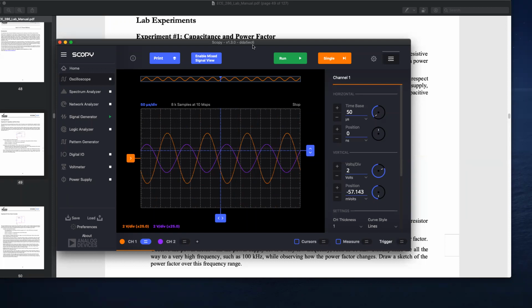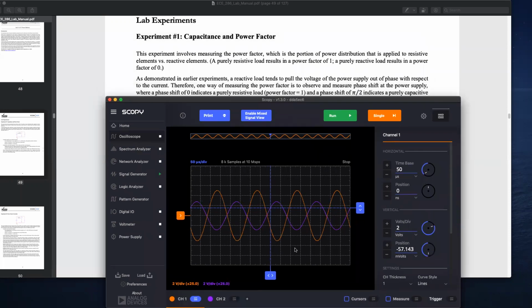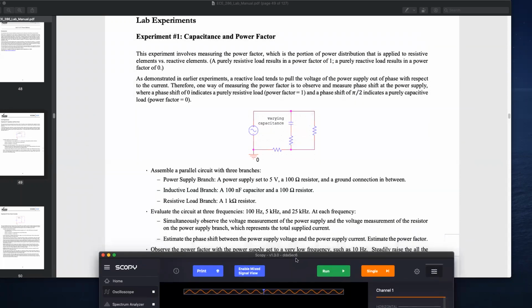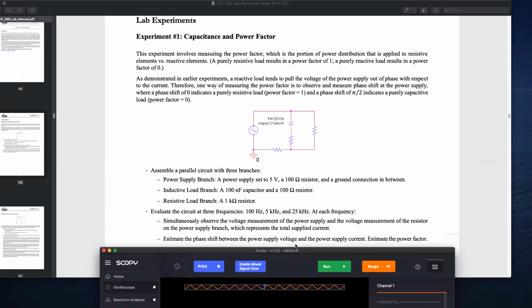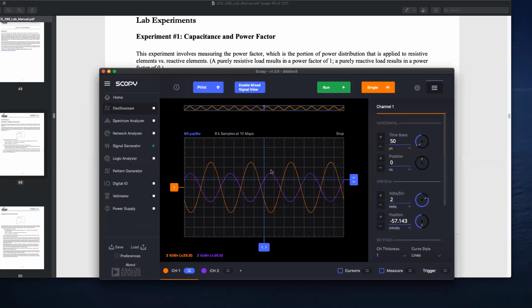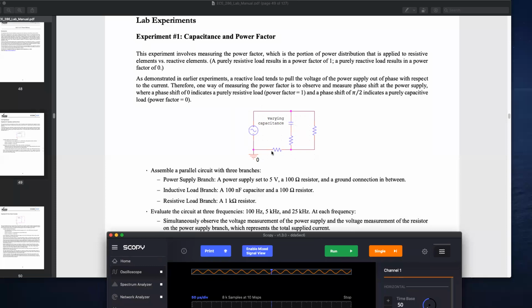So now you can see it. What we're doing is measuring the supply voltage and then measuring the voltage across that resistor.